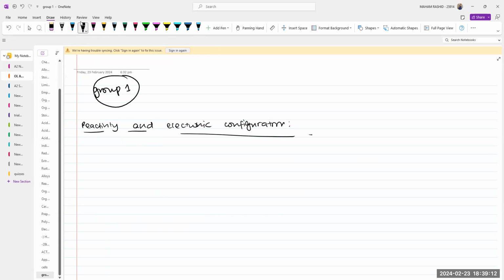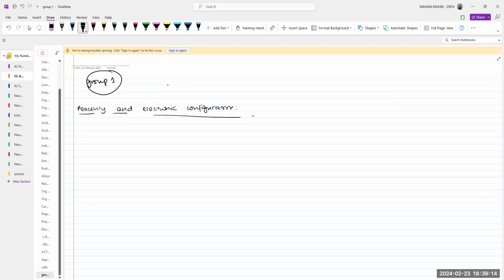So we've already discussed that in group one, as you go down, the reactivity increases, right? Yeah. So I'll write this as pointers. This is a very boring topic, by the way. Going down in group one, reactivity increases.